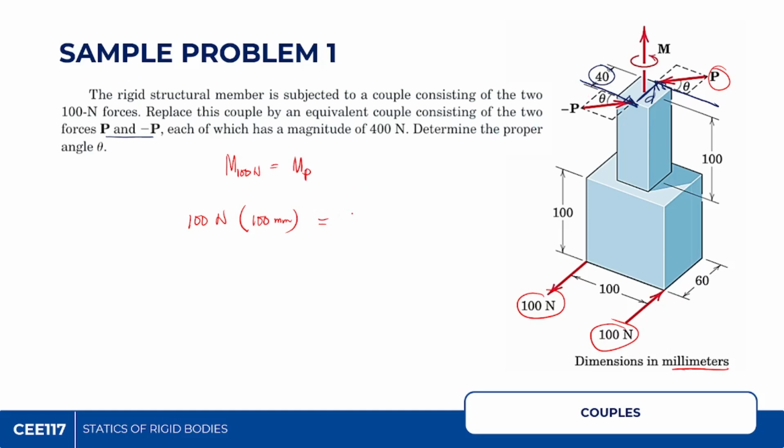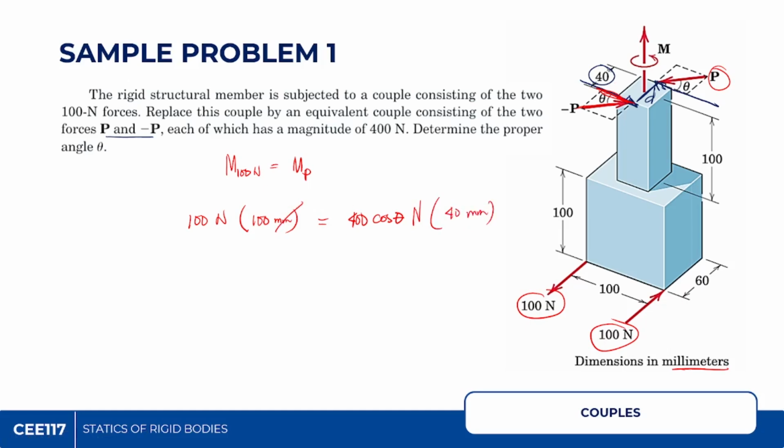So, again, yung magnitude nila would be equal to 400, times cosine theta, since this is the hypotenuse. And then, the distance between them would be 40 mm.